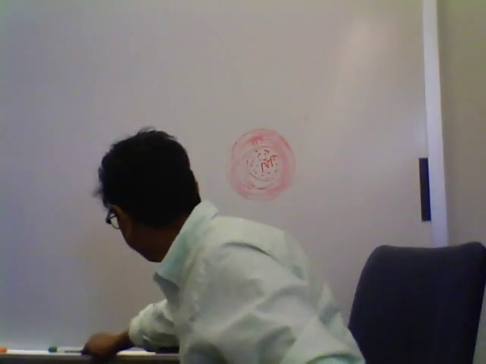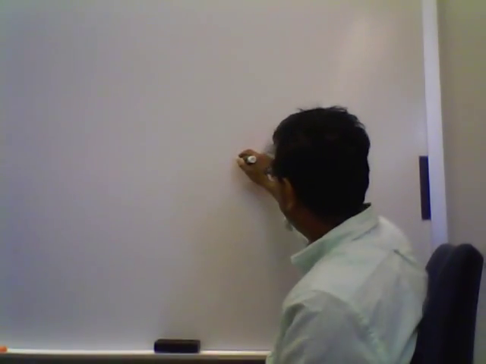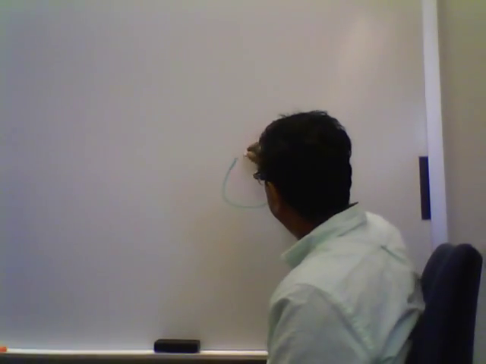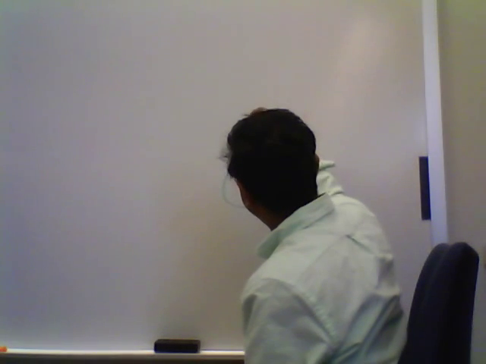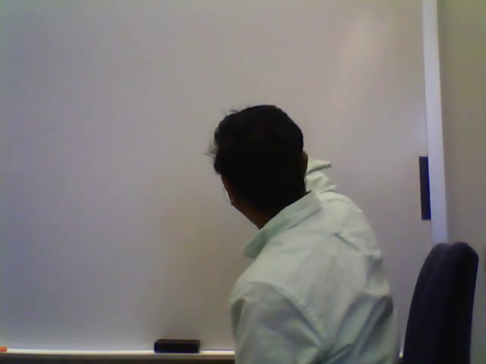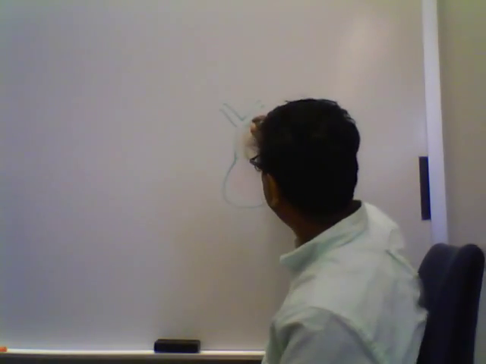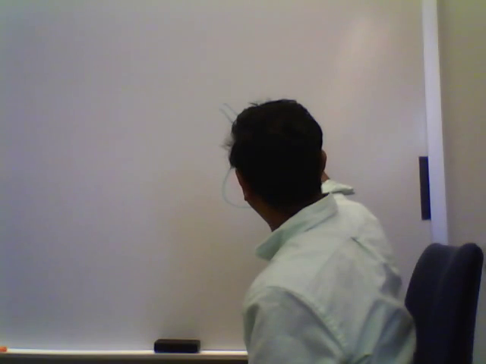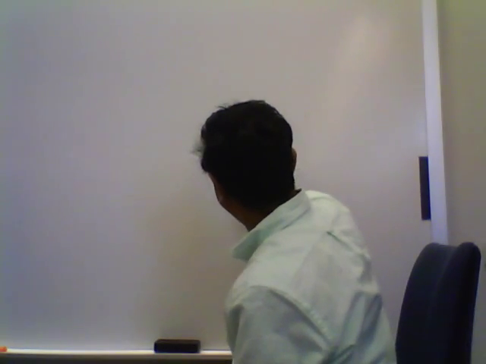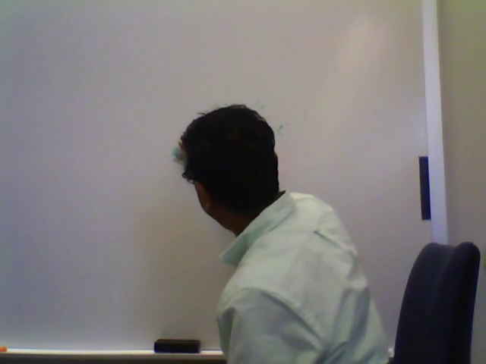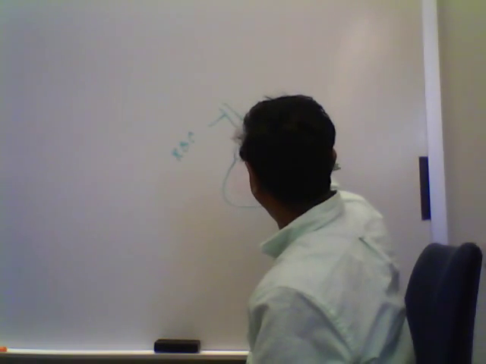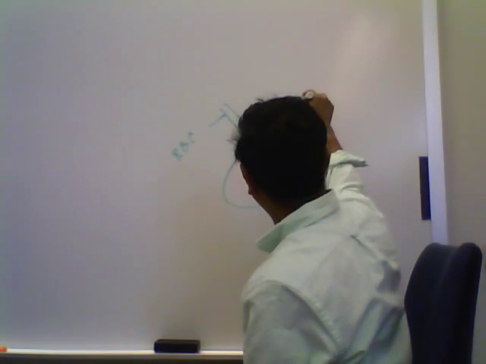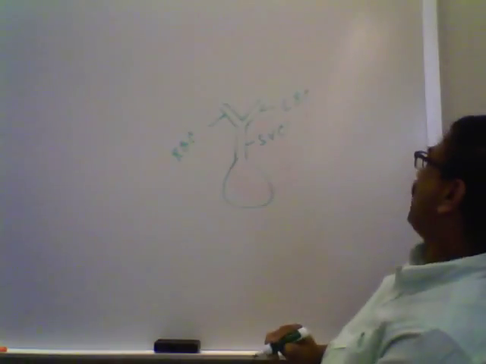So if this is your heart, this is the superior vena cava, and it divides into what? Right and left what? Brachiocephalic veins. So superior vena cava, this is right brachiocephalic vein, this is left brachiocephalic vein.